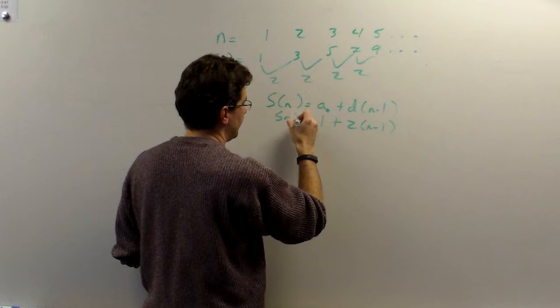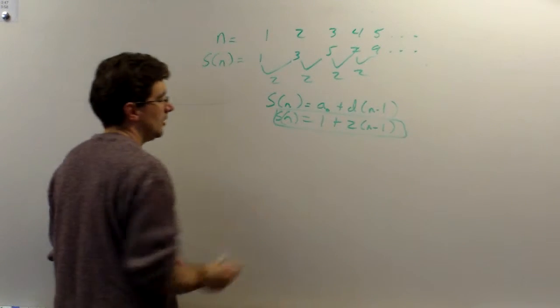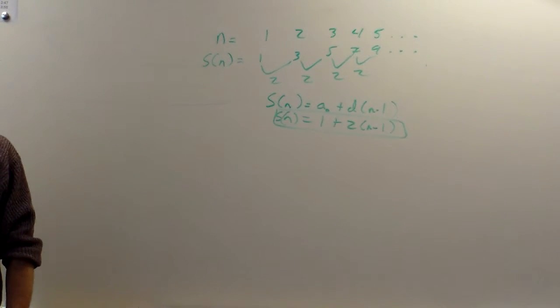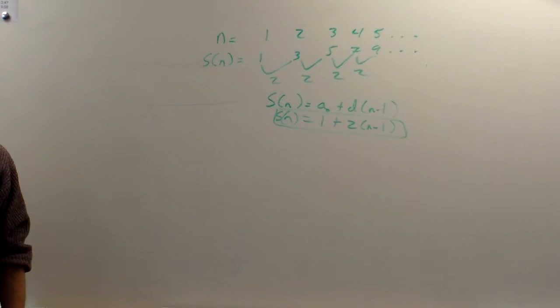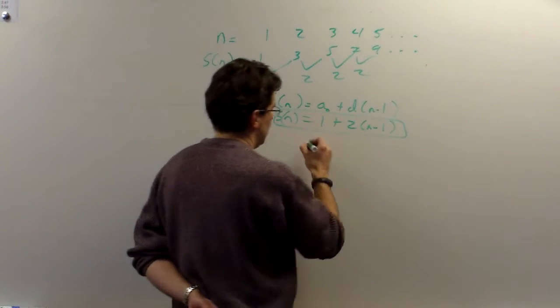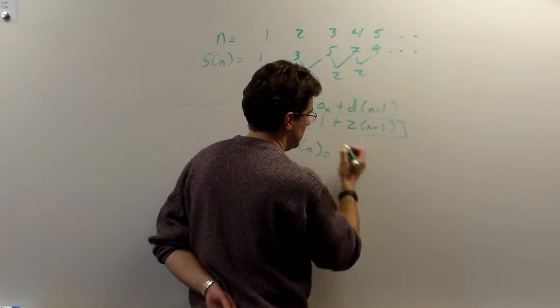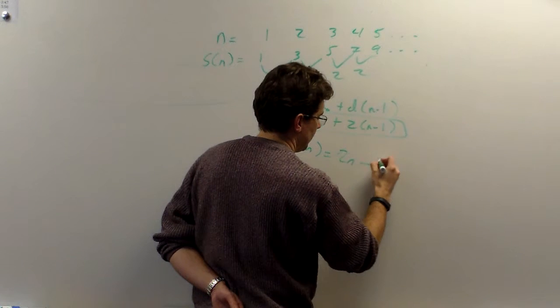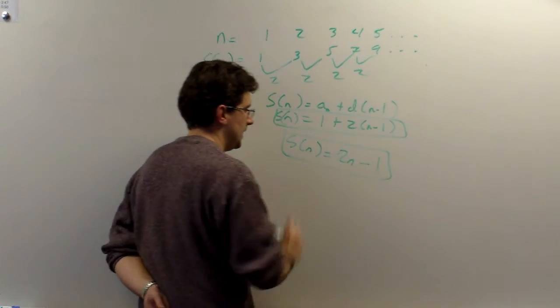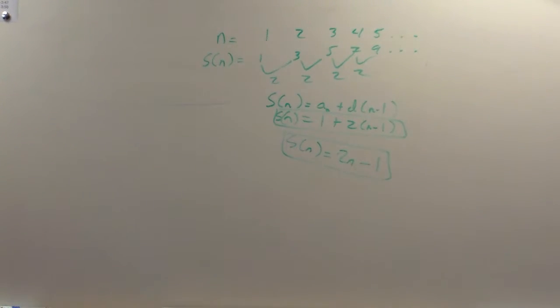That's one method. The other way is you can read the problem statement. It says our odd numbers are twice a number minus 1. Or S of n equals 2n minus 1. Either way is fine. Are there any questions about that?